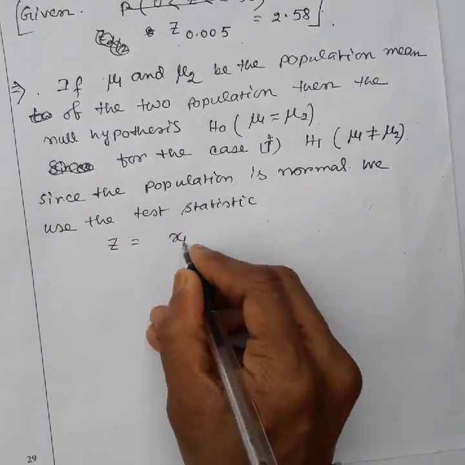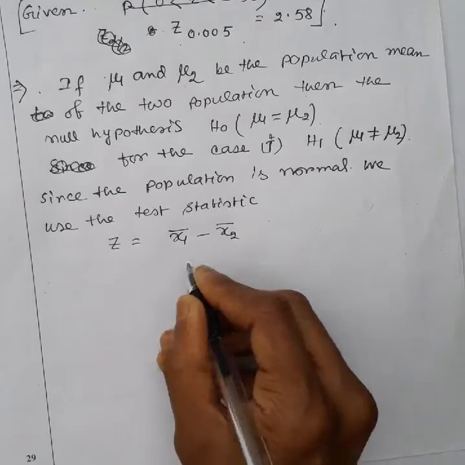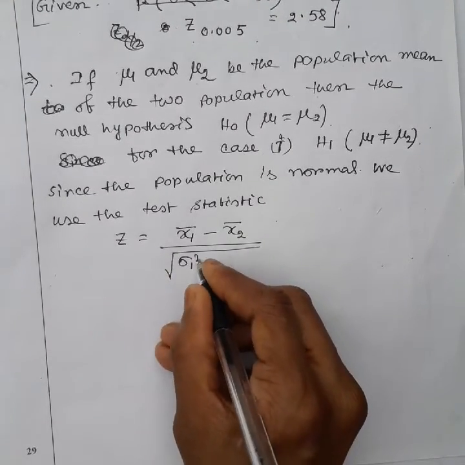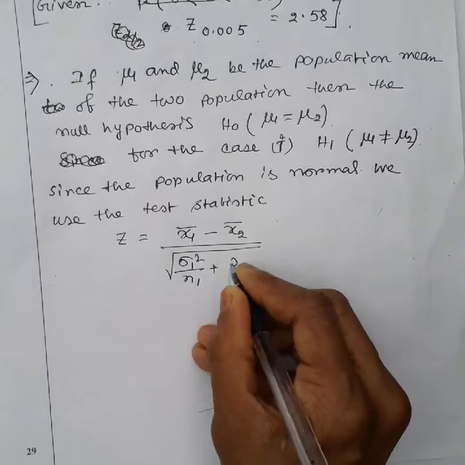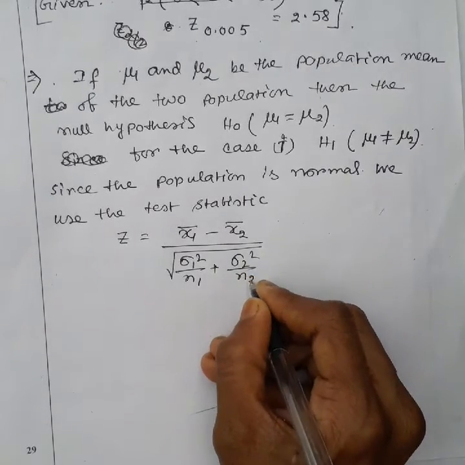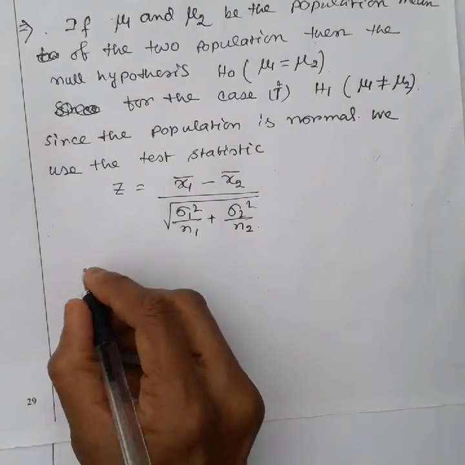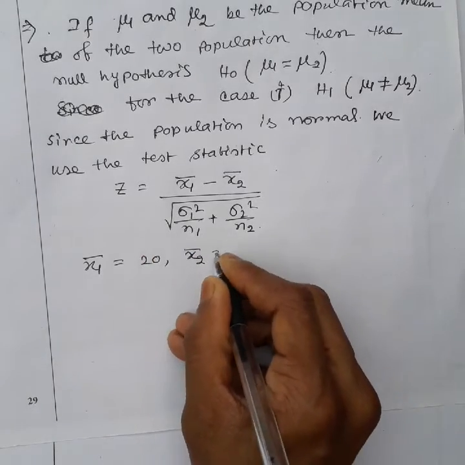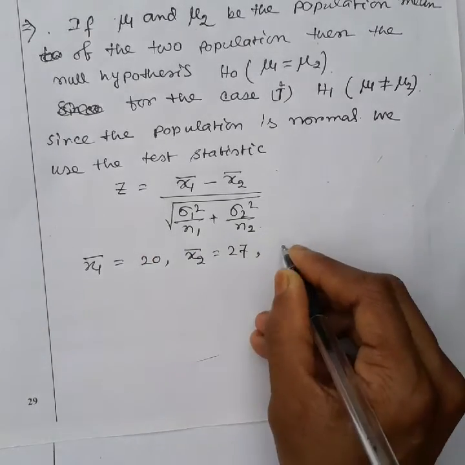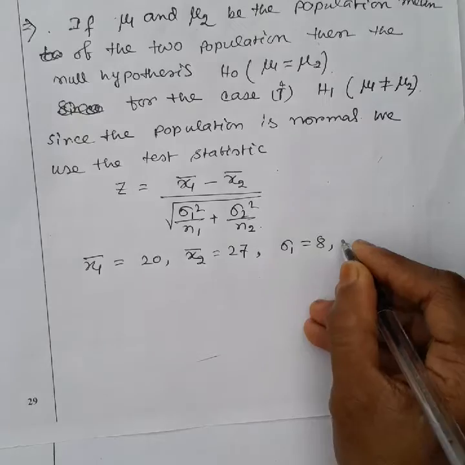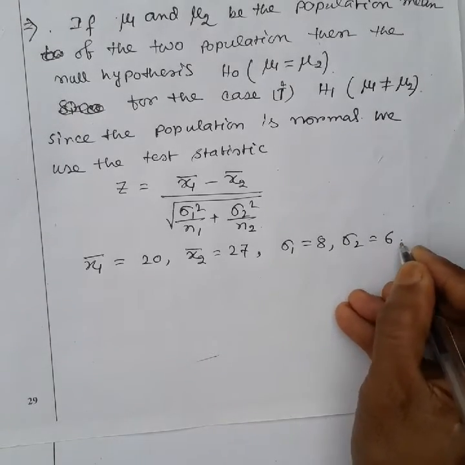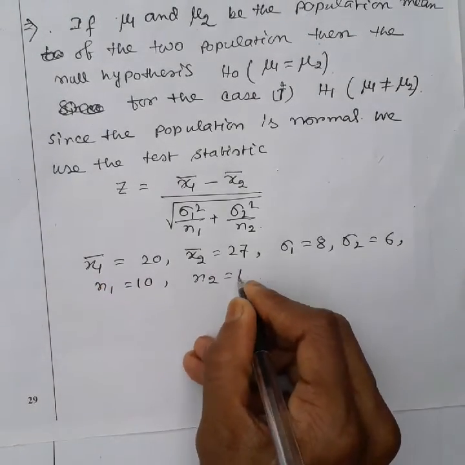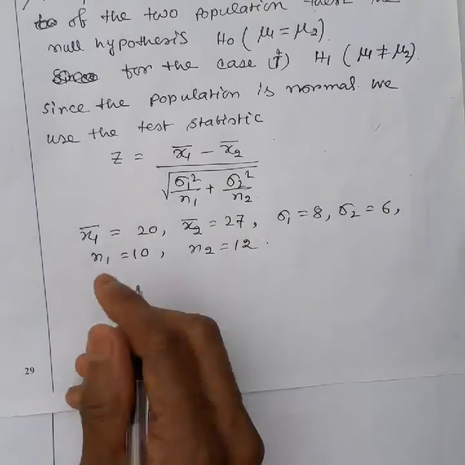z equals x1 bar minus x2 bar by root over of sigma1 square by n1 plus sigma2 square by n2, and here x1 bar equals 20, x2 bar equals 27, sigma1 equals 8, sigma2 equals 6, n1 equals 10 and n2 equals 12. All are given here.